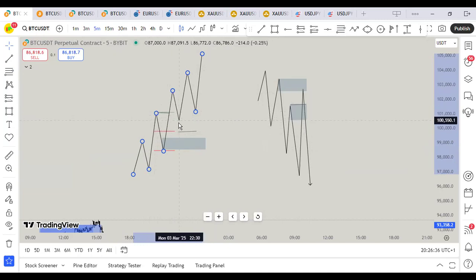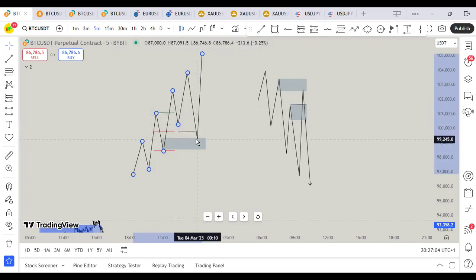The market can be below the 50%, or above the 50%. But make sure that your liquidity comes into your break of structure zone. It can be as low as this, as low as this, but make sure it comes into that zone.